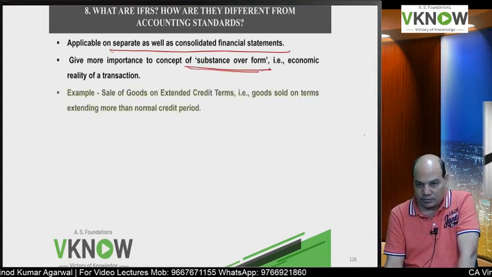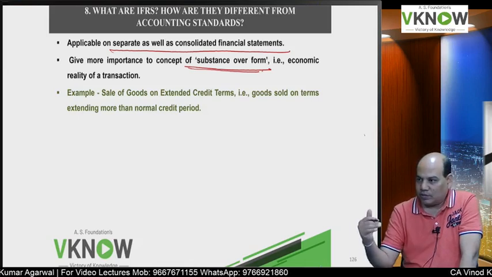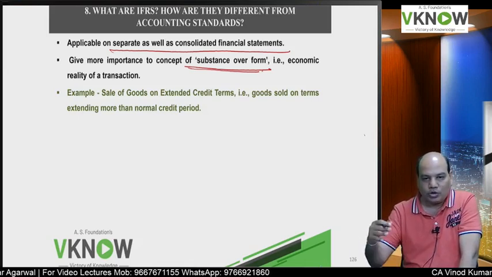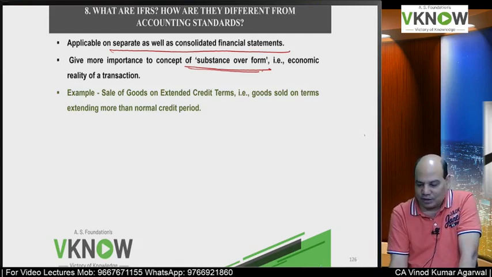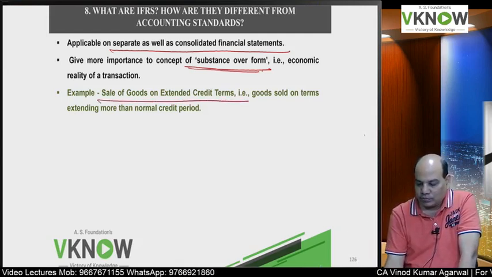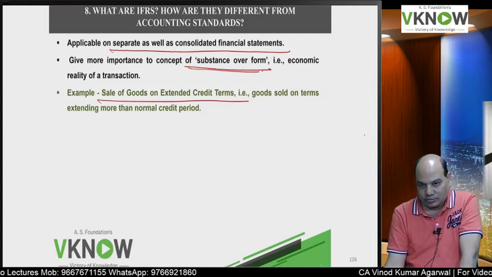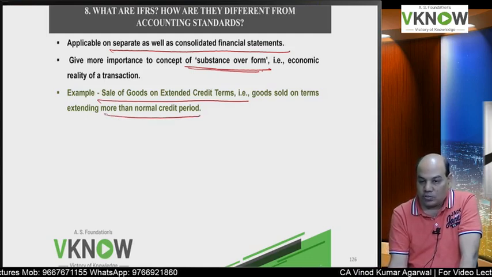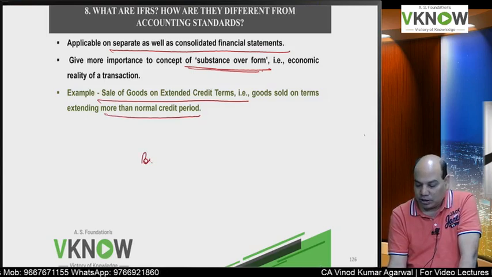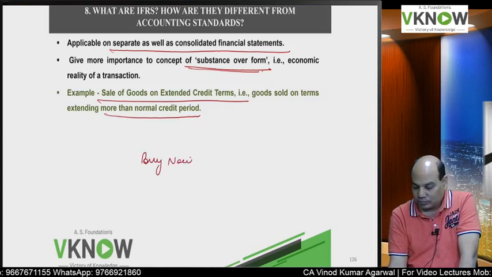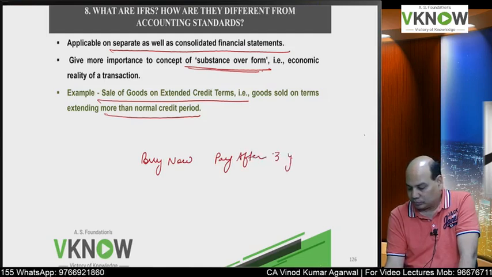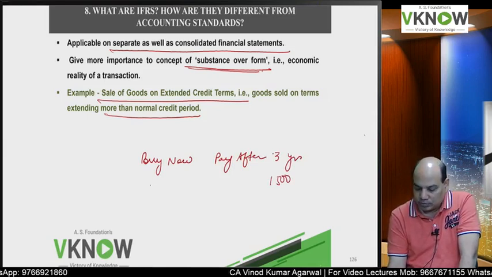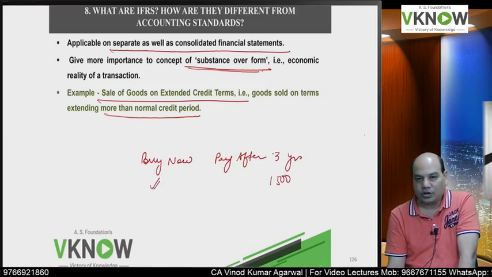Okay, example, and because of that our accounting will change substantially. What you have learned till intermediate stage, you will have to change it now. For example, goods are sold on extended credit terms, meaning more than the normal credit period. Buy now, pay after 3 years, 1500 rupees. What is the entry you will pass now?